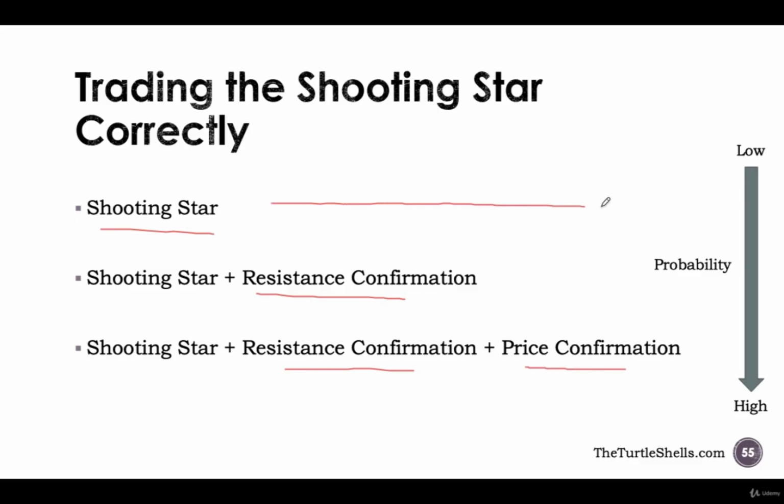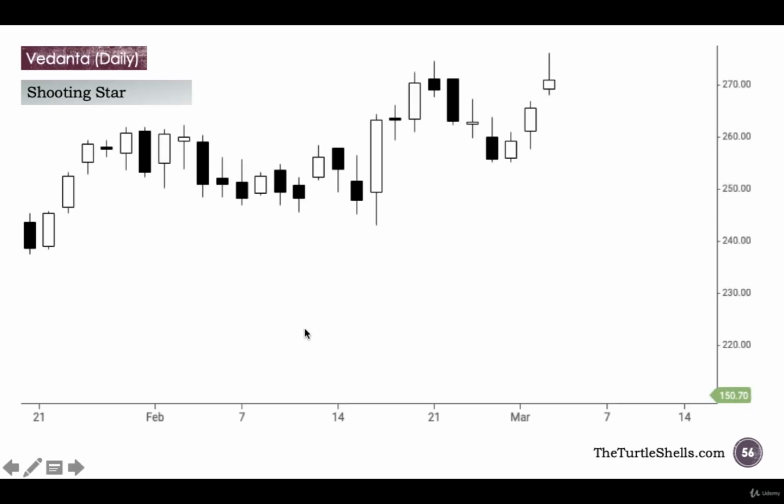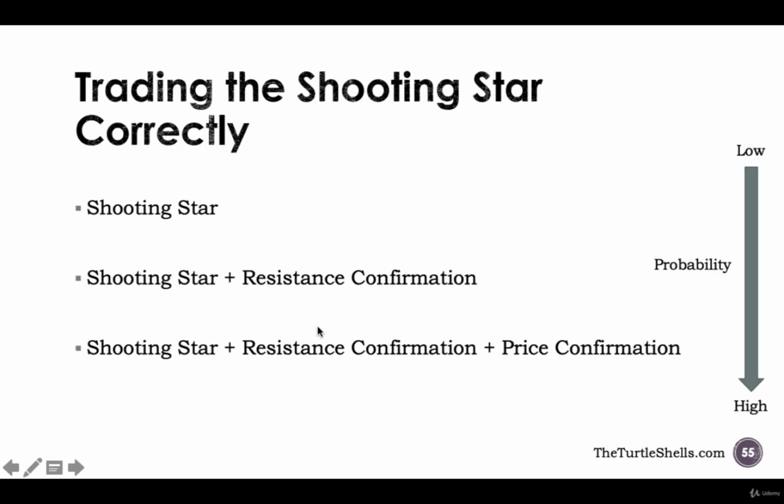So a standalone shooting star gives us a low probability trade. A shooting star confirming prior resistance increases the probability that the trade will work out in our favor. And the shooting star with resistance and price confirmation further increases the probability that the trade will work out in our favor. But the cost is we have to sacrifice on the reward to risk.